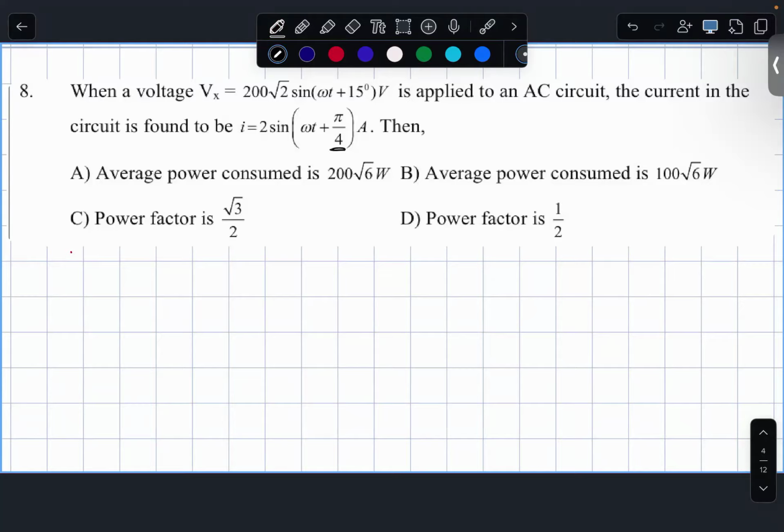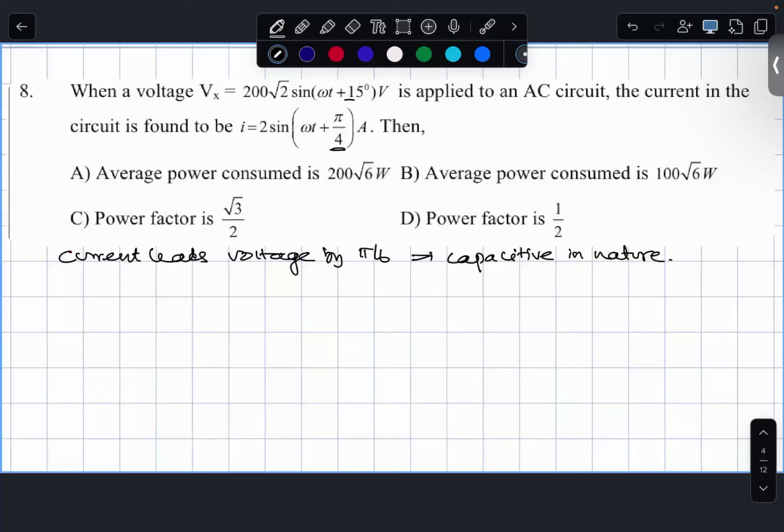Current leads voltage by pi by 6. Capacitive in nature. Can I say it is a pure capacitor? It can be RC or it can be LCR also. How is it LCR? When XC minus XL is positive, it is possible.